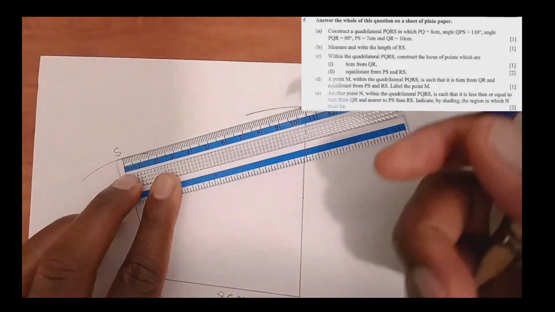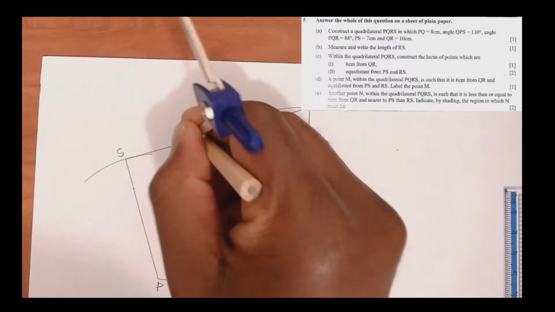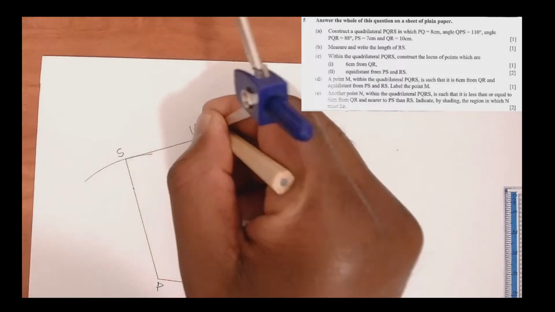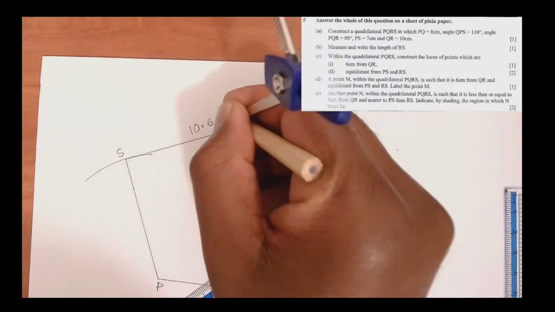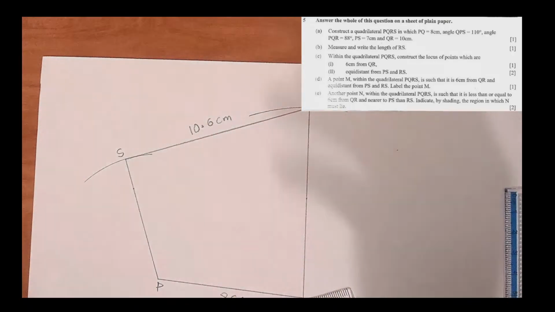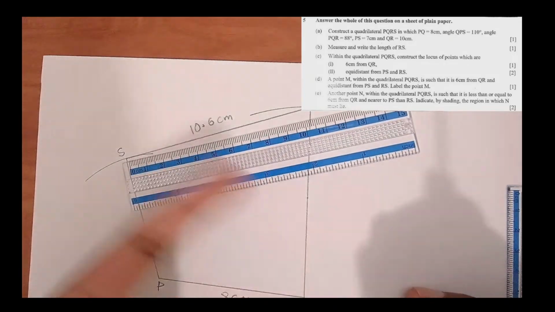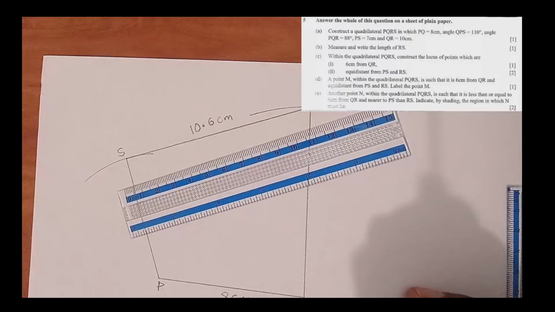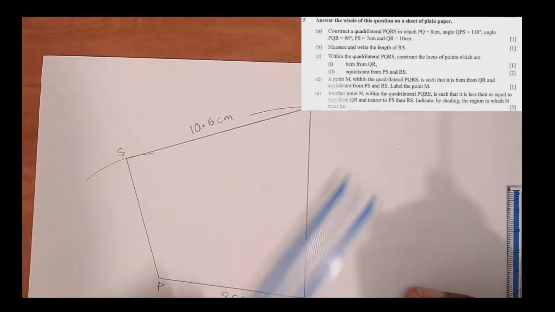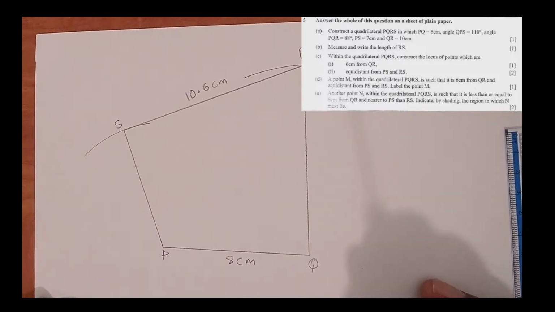Let me stick to 10.6. I measured 10.6. But when I did this problem at first, I want to be honest with you guys, I got like 10.5 centimeters, but with this scale, I'm getting 10.6, which is not bad, right? So it can be 10.6, 10.5, 10.7, but it cannot be 11, meaning that is wrong.